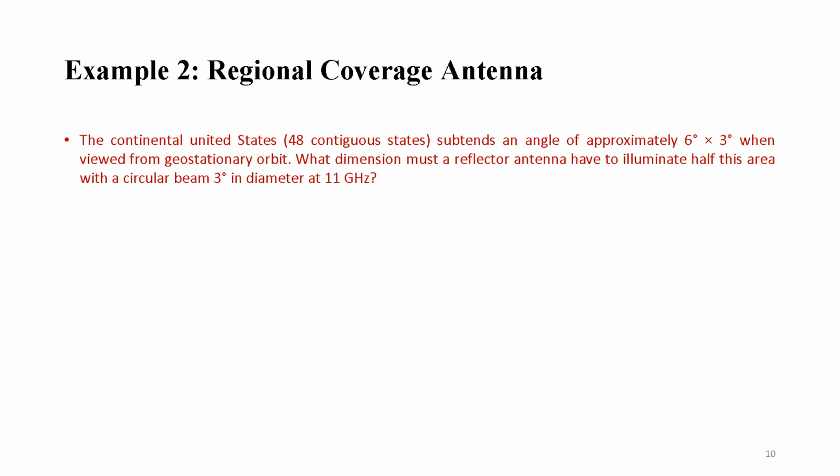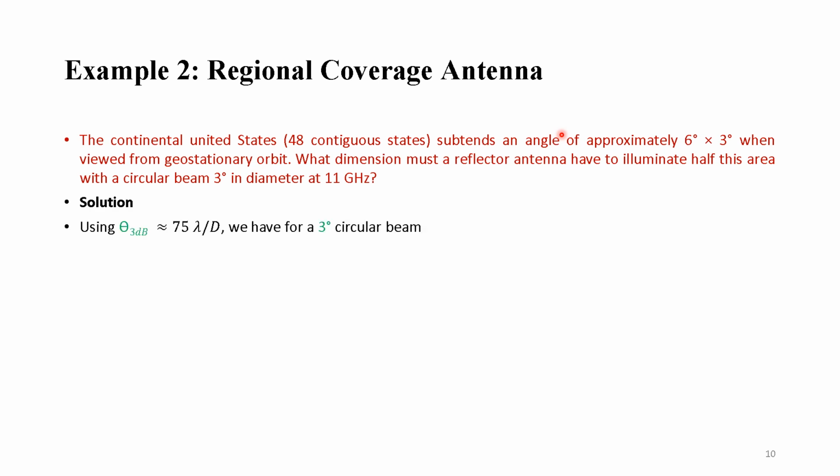Now to the second example. The continental United States, the 48 contiguous states, subtends an angle of approximately 6 by 3 degrees when viewed from geostationary orbit. What dimension must a reflector antenna have to illuminate half of this area with a circular beam of 3 degrees in diameter at 11 gigahertz?